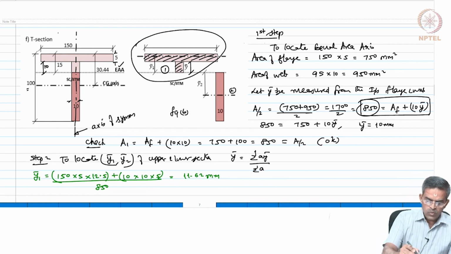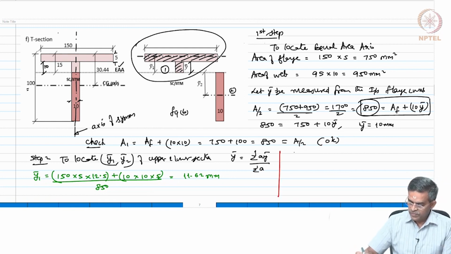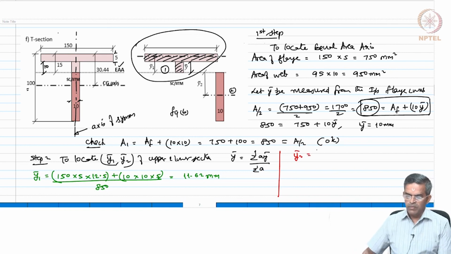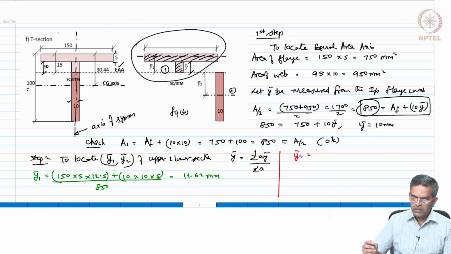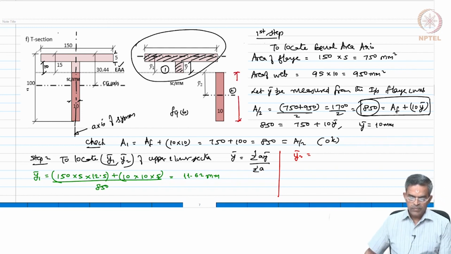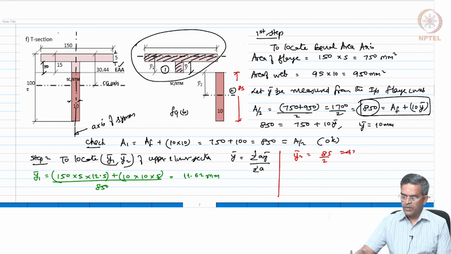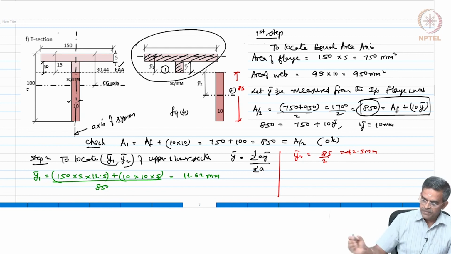Let us do y bar 2. Y bar 2 will be, this dimension, the total is 95, you lost 10 there, so it is 85. Y bar 2 will be 85 by 2, am I right? This is 85, which is 42.5. So, can I quickly find ZP?